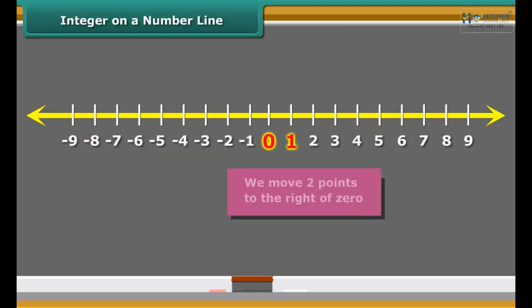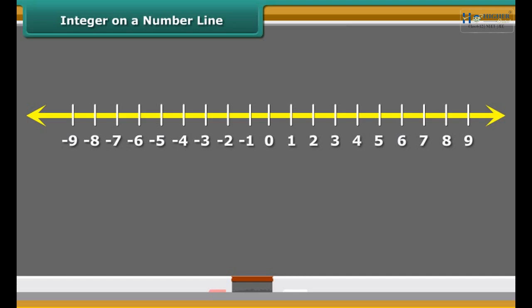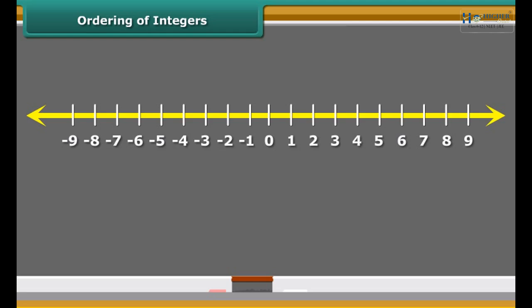Here, to mark +2 on the number line, we move 2 points to the right of 0. Similarly, to represent -5, we move 5 points left of 0. Let us again observe the integers which are represented on the number line. We know that 9 is greater than 5, and on the number line it is 4 points right of 5.